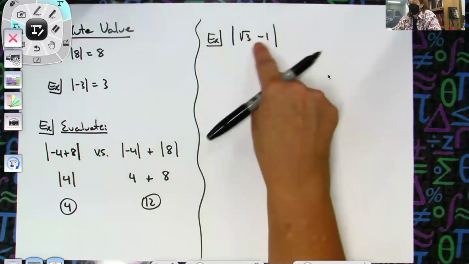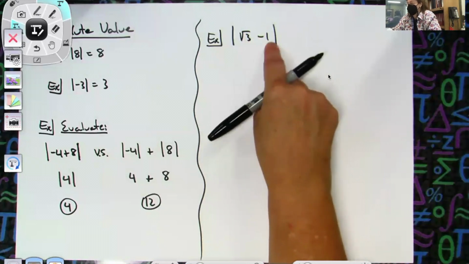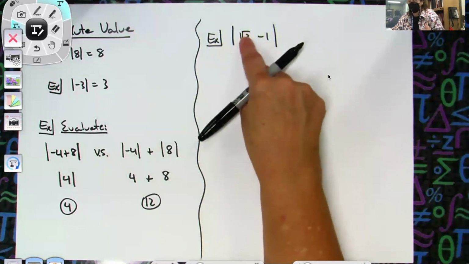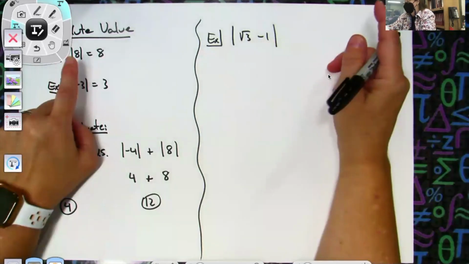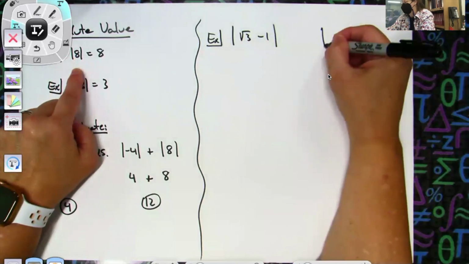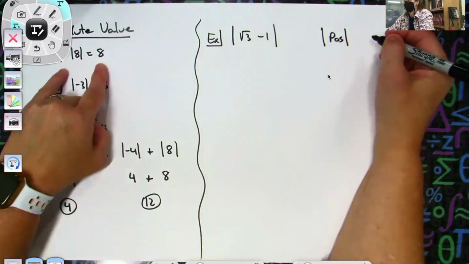So is the answer going to be positive or negative inside there? Like if I took the square root of 3 minus 1, estimating this at 1.7, 1.7 minus 1 gives me 0.7. Is that positive or negative? Positive, right? When over here I took the absolute value of a positive number, what did I get back? I got the exact same thing back, right?